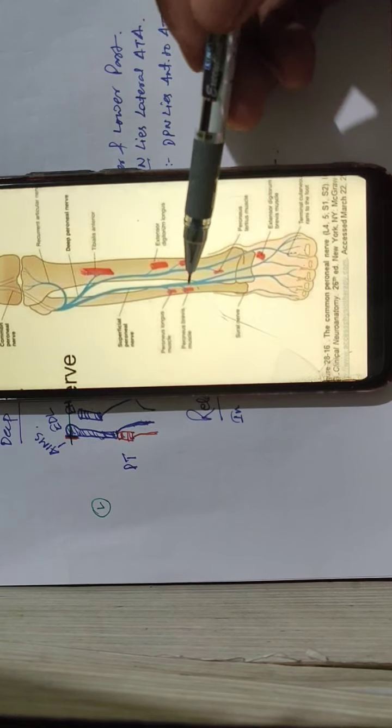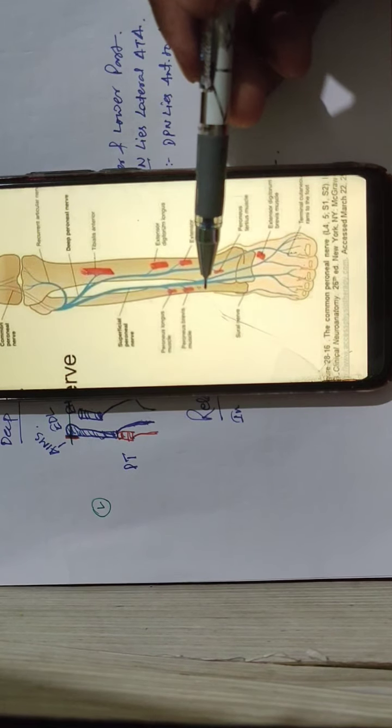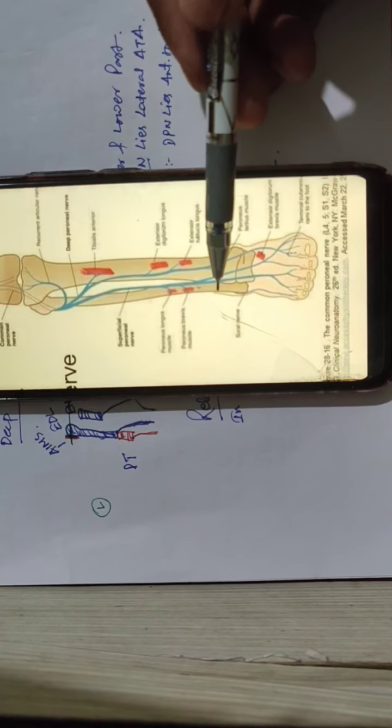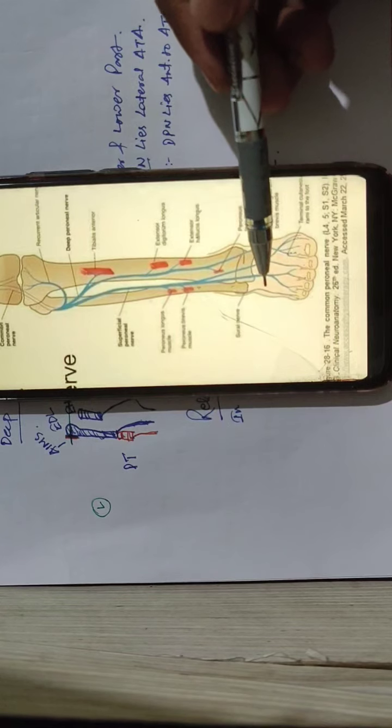So the superficial peroneal nerve gives the muscular branch for two muscles, that is the peroneus longus muscle and peroneus brevis muscle. And it also gives one cutaneous branch, which is for the lower one third of the lateral side of the leg and greater part of the dorsum of the foot.